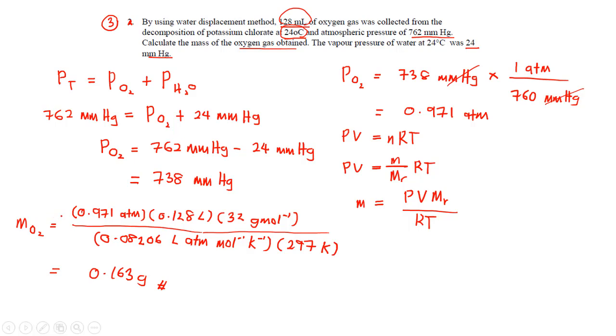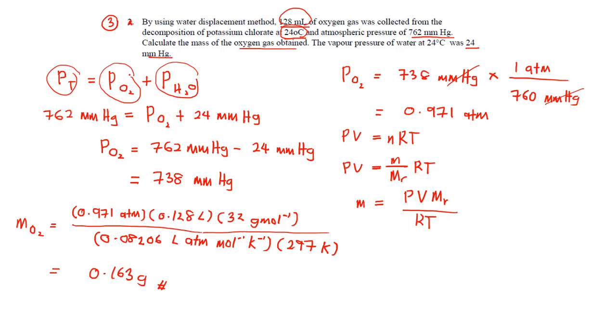So again just to recall, you kena faham yang total pressure ataupun atmospheric pressure tu adalah apa pressure yang wujud dalam tu. First is the gas tu, second is the vapor pressure of water tu. So ada dua pressure lah. Total pressure ni is our atmospheric pressure.